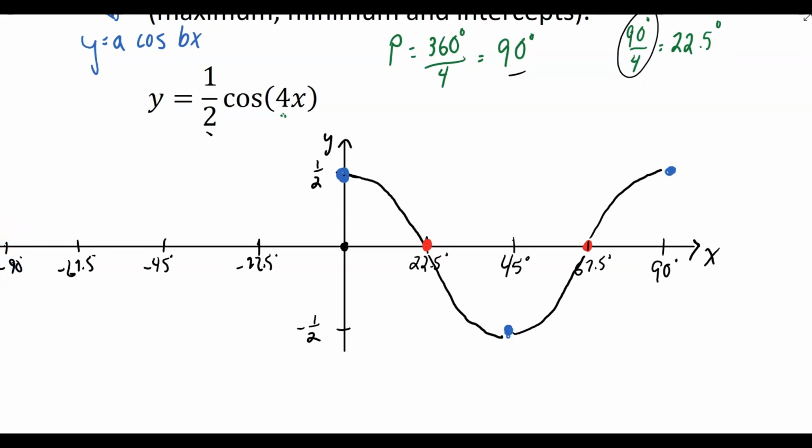We'll continue with the same pattern. It's going to drop there. It will go to a minimum here. The next max is at the end, just so I don't have to change my color, and my zeros in between. So let's follow that pattern.